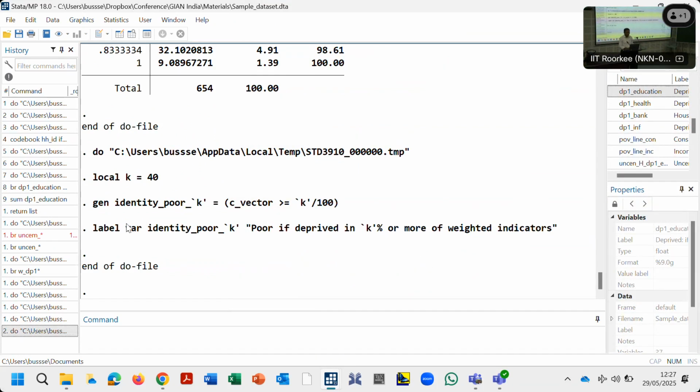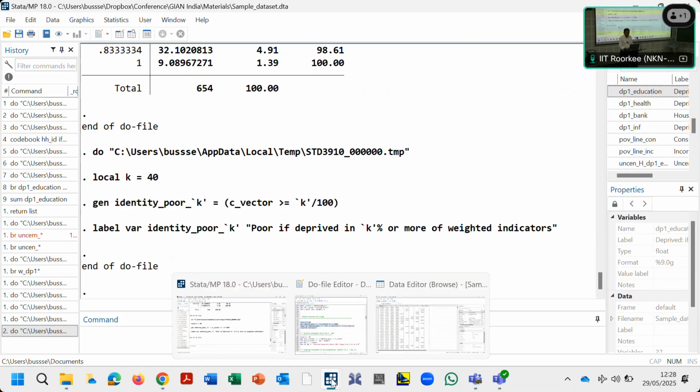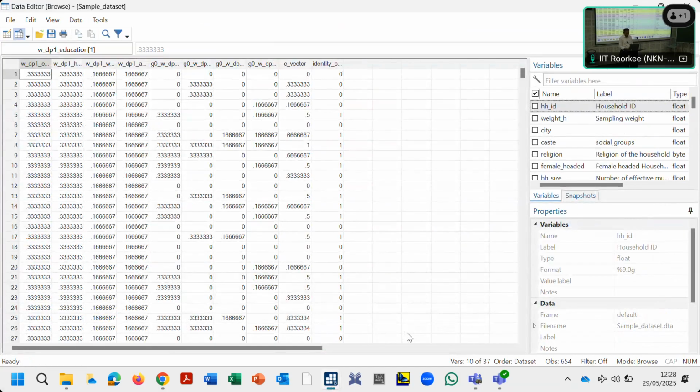So this one, this identity poor K, is identifying who is poor or not. So if we go and check, there you go. Given that our poverty cutoff is 0.4, those that have a deprivation score equal to or more than 40% are identified as poor.